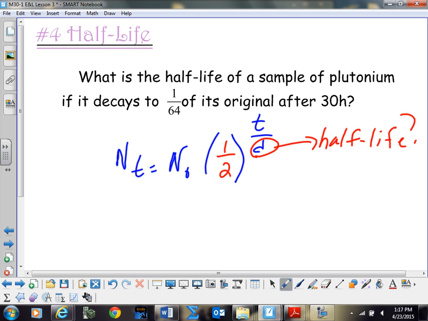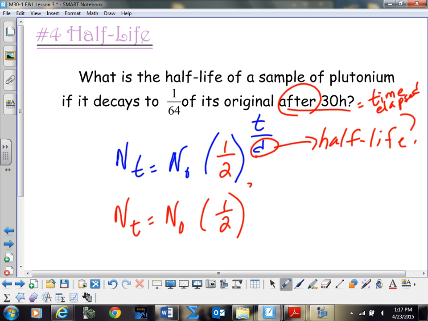That's our D, that is our unknown this time. Now, time elapsed, it says after 30 hours. So that word after that I mentioned before, there it is. After 30 hours is time elapsed. And that's going to be our T value. So far we have this.